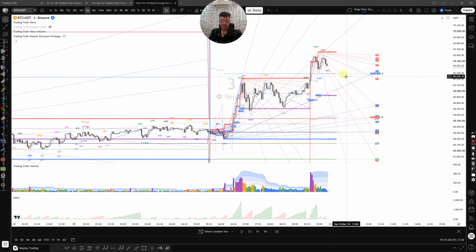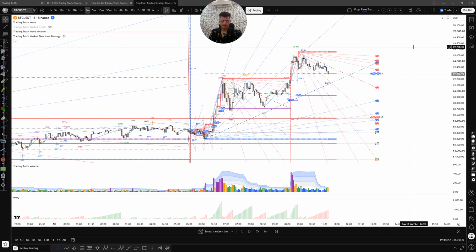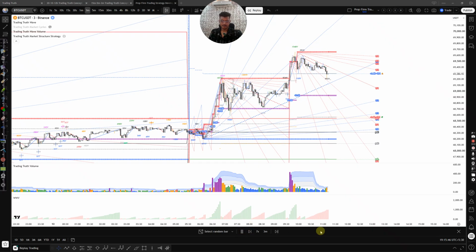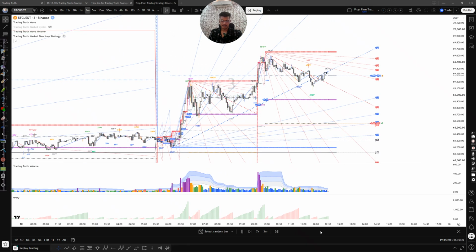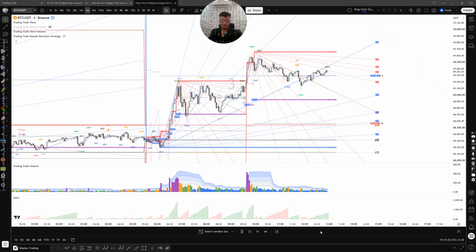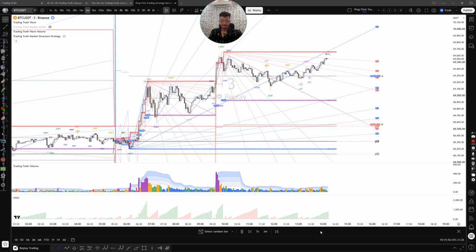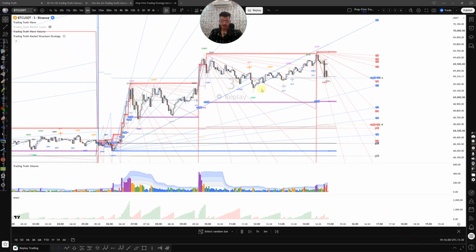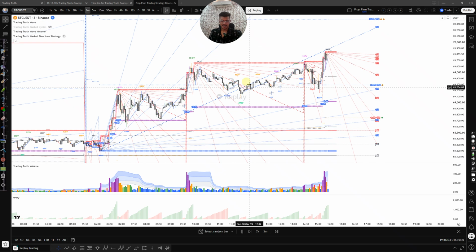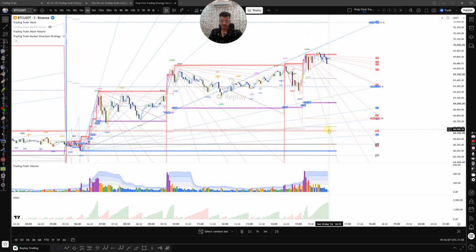TP1 got reached. Bullish divergence, but it didn't quite close above this trend line. That's why it didn't give a signal there.